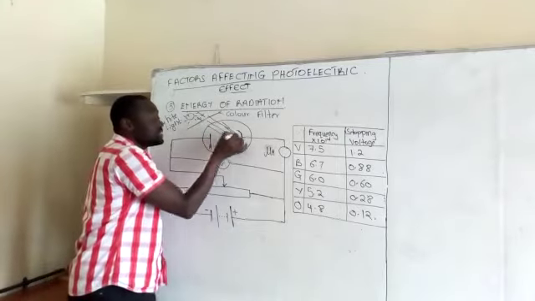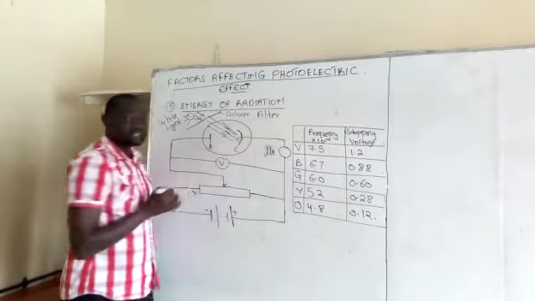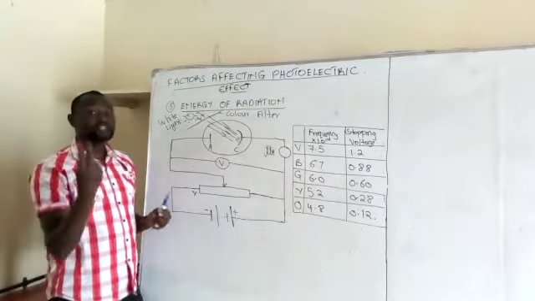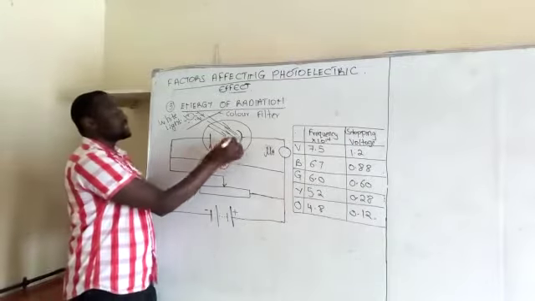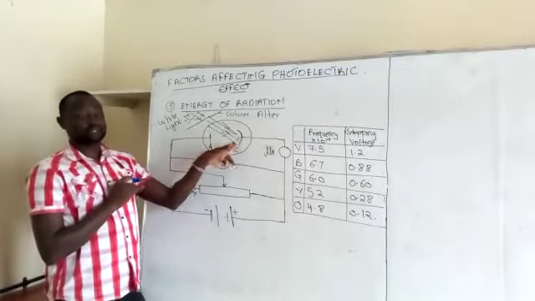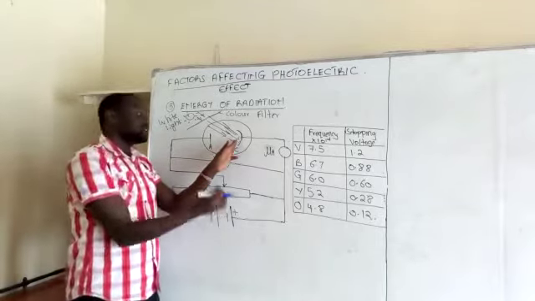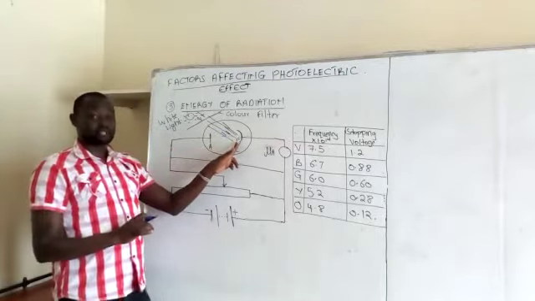Notice that after the electron is ejected, the energy of the radiation is divided into two. The first part is used to dislodge the electron. The second part is used to give the electron the kinetic energy.